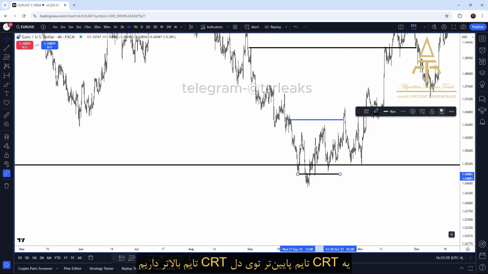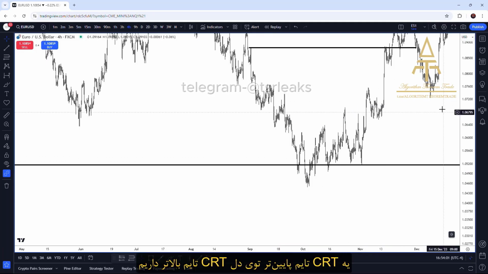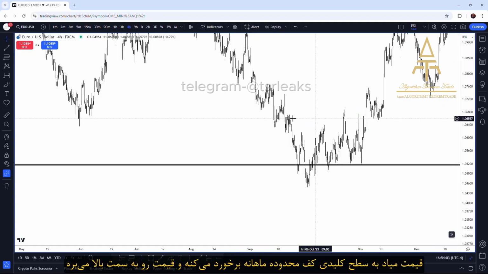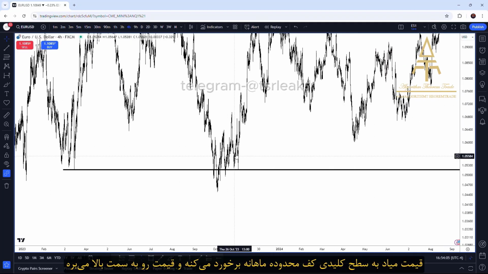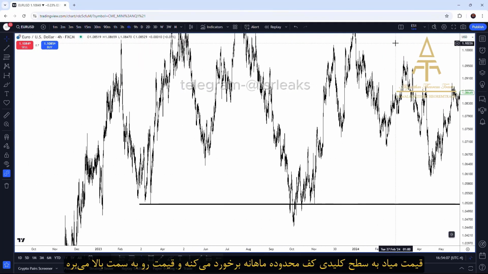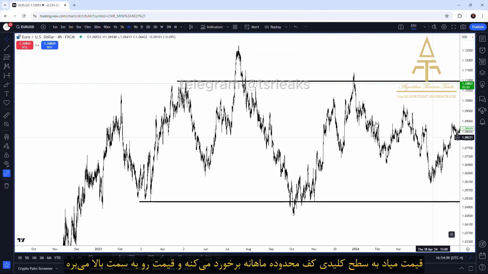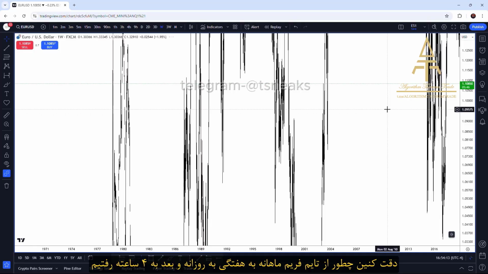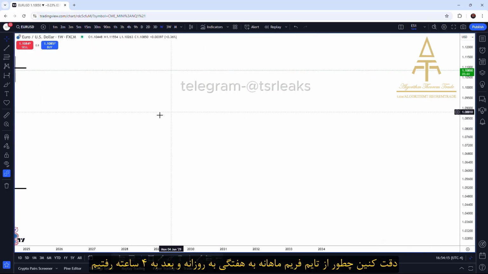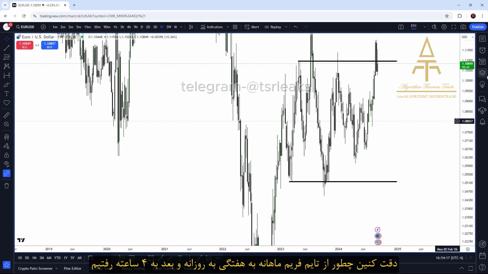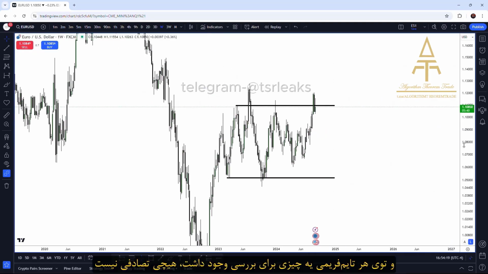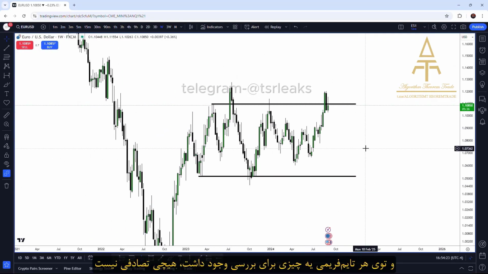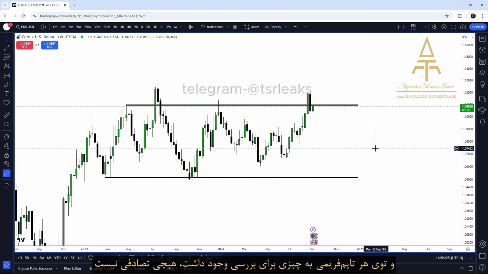We have a lower time frame CRT within the higher time frame CRT, tapping the key level, which is the monthly range low, pushing prices higher. Recognize how we went from a monthly to a weekly to a daily to a 4-hour. And there was always something to be looking for when dropping time frames. It is not random.